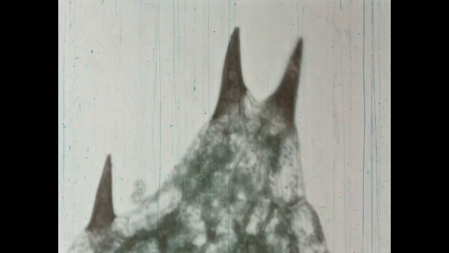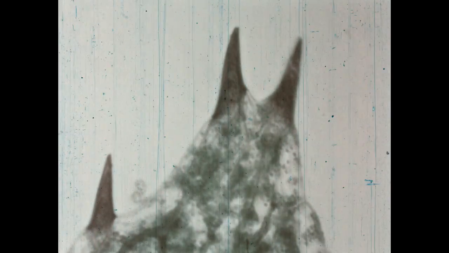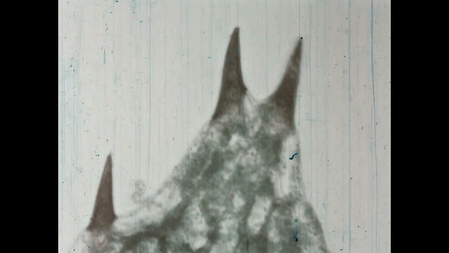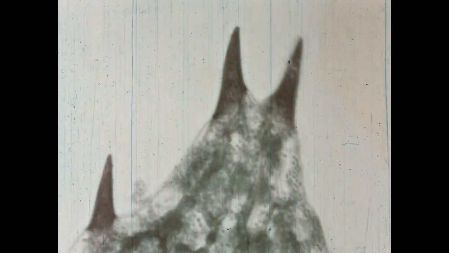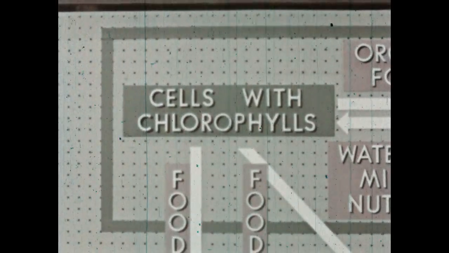And this is our cue to one of the main interrelationships among living organisms, the dependence of plants and animals on these particular cells, the cells with chlorophyll. Although there are some other forms of self-nourished organisms, some other autotrophic types, the great majority of living things depend upon the cells that contain the chlorophylls, on the process of photosynthesis.